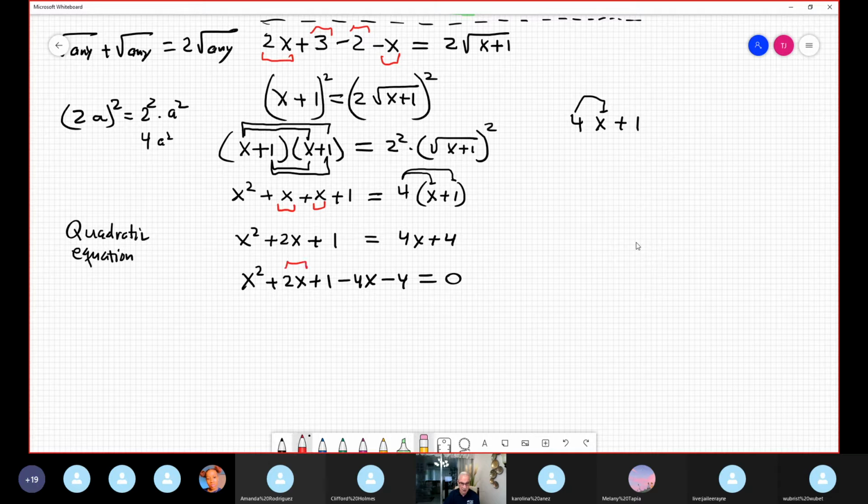This and this are like terms, and this and this are like terms. So it's x squared minus 2x, because positive 2 and negative 4 together, a subtraction, you put the sign of the bigger number, negative 4, and 1 minus 4 is negative 3, equal to 0. And this is my quadratic equation that I need to solve.